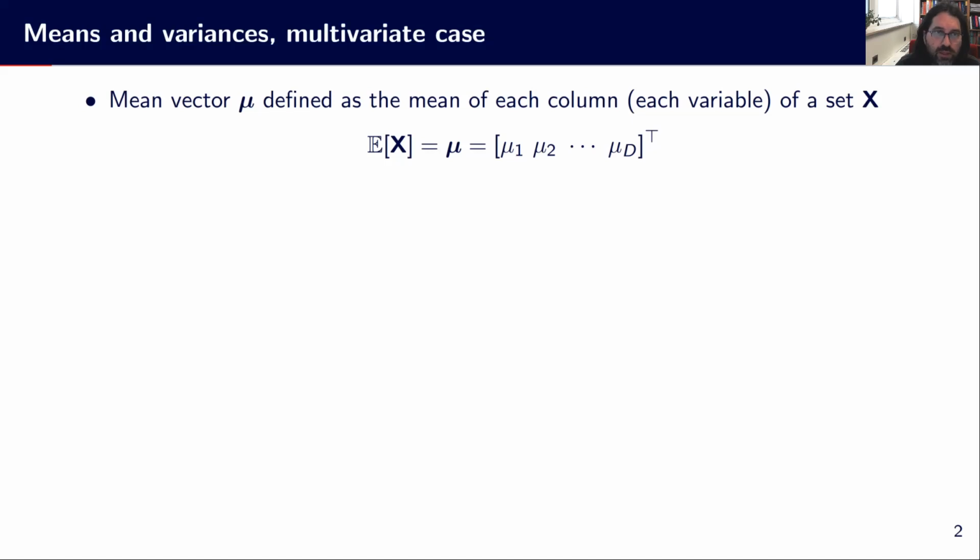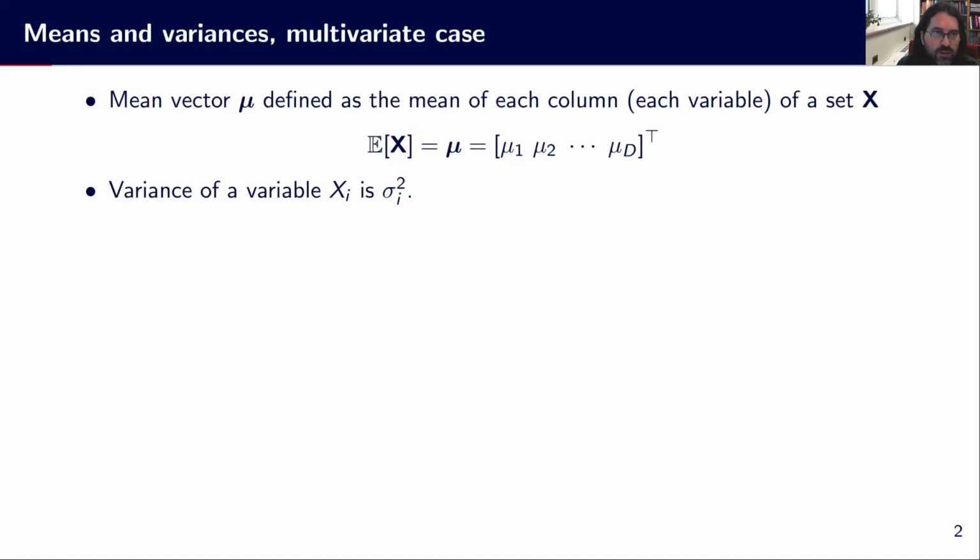We are computing this for variable 1 over all data instances from our data set. We are getting the mean for that variable as mu1 and then mu2 up to mu d. And packing all these means per variable, we get the mean vector, the bold mu.